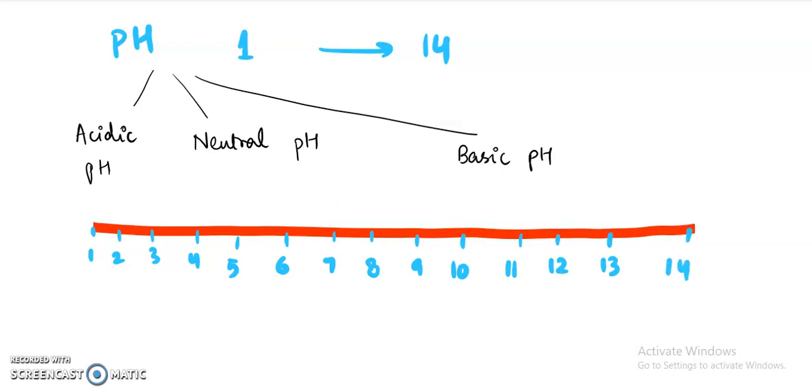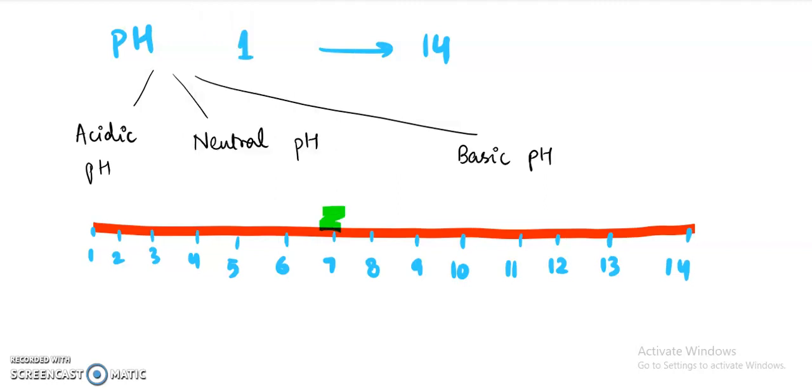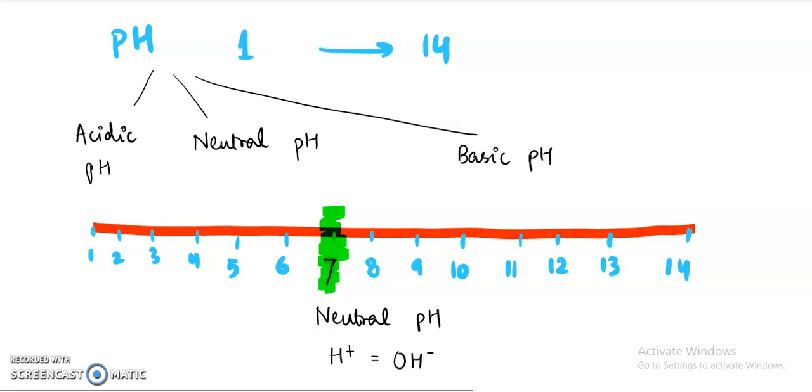Now see here the pH value of 7. The 7 value signifies the neutral pH. Neutral pH means the number of H+ ions is equal to OH- ions, right?